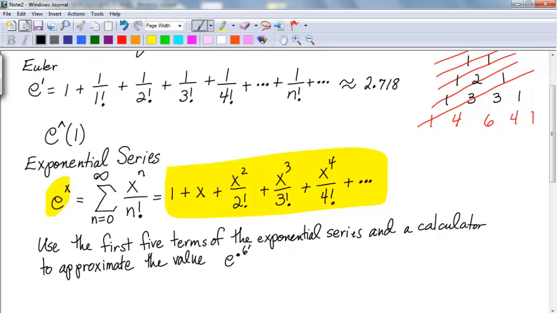In this problem, we're going to do e to the 0.65 power to the nearest hundredth. So we're going to round it to the nearest hundredth.